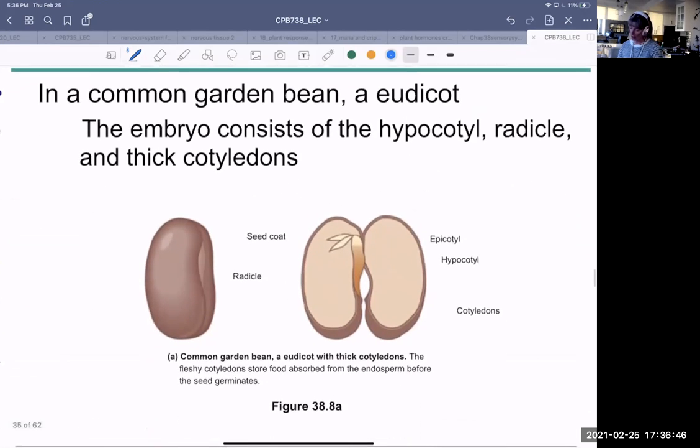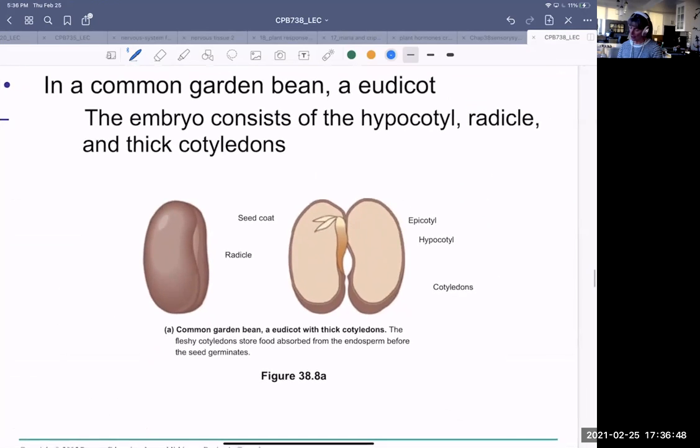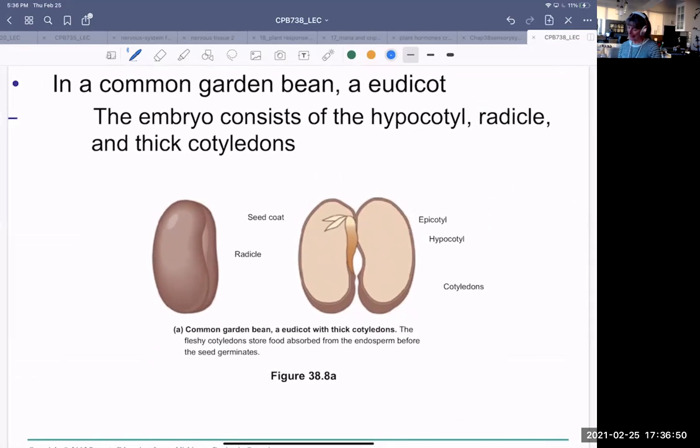So here's a common garden bean, a dicot or eudicot. The embryo consists of the hypocotyl, hypo means below, the epicotyl, the radicle, and the cotyledons. So this is the cotyledons here.